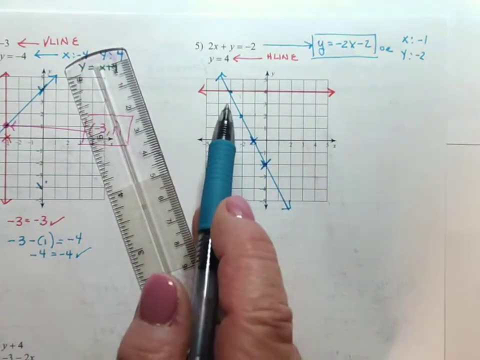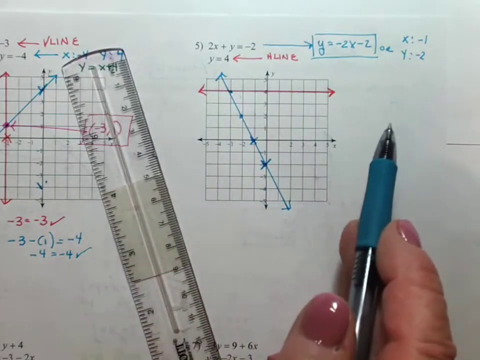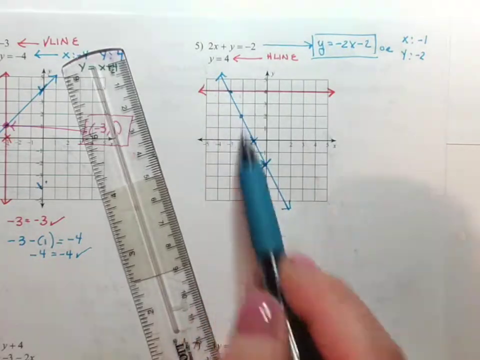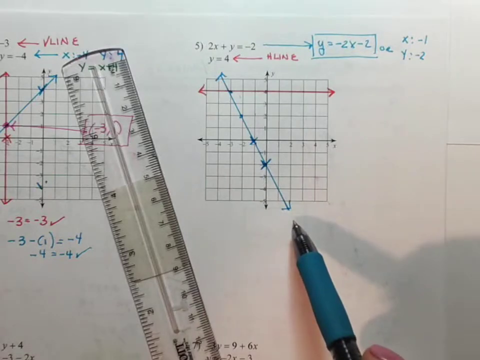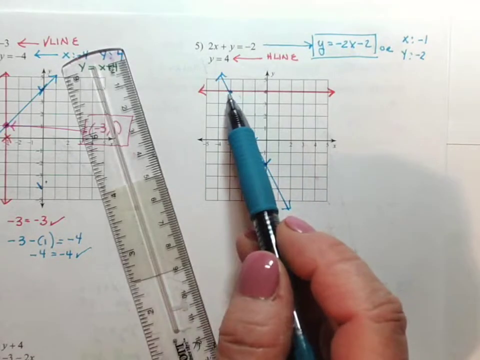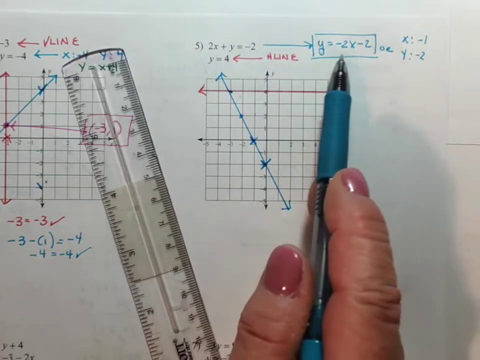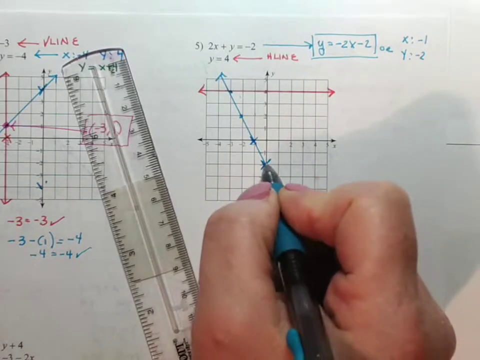I just want to make a note that sometimes when you're doing these problems and use the x and y intercepts, it's sometimes hard because we're using our pencils to get that to connect with the other line. And so putting it in y equals mx plus b, like in this case, was much easier because I have the y-intercept here.